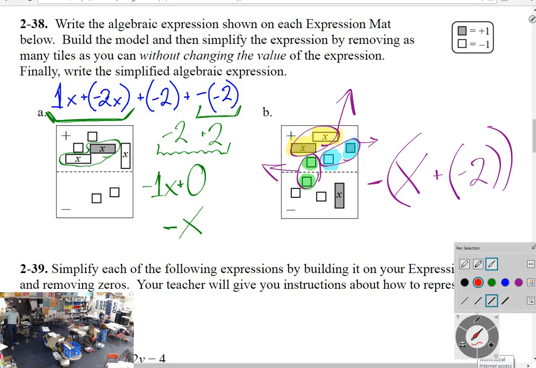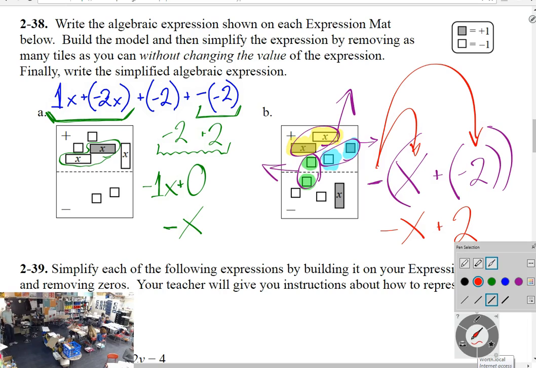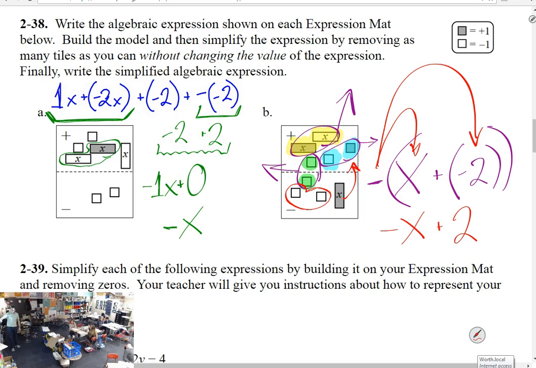So we do the opposite of the x, the opposite of the -2, so we get -x plus 2. We could also just bring these up. If you bring them across the dotted line, they flip over. So if I bring them up to what they are, not that we're bringing them out, but we're bringing them up. And we flip.